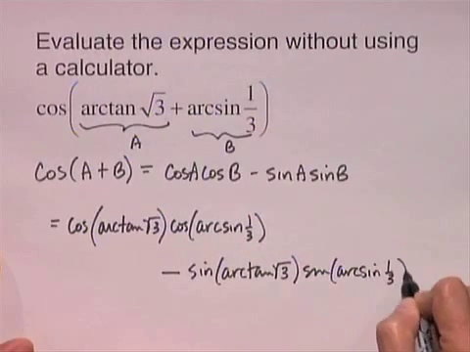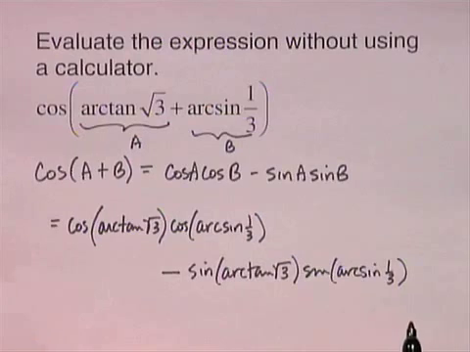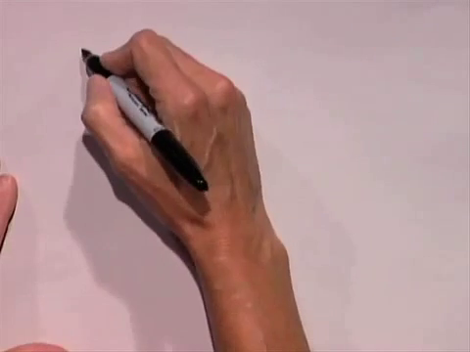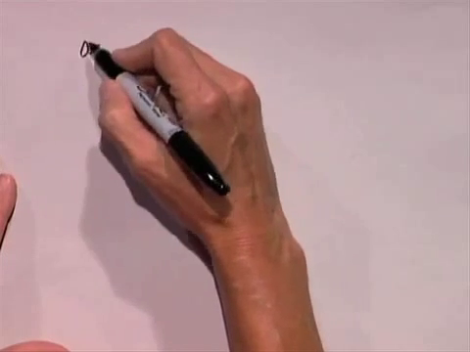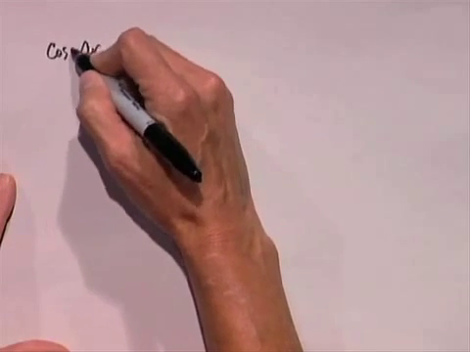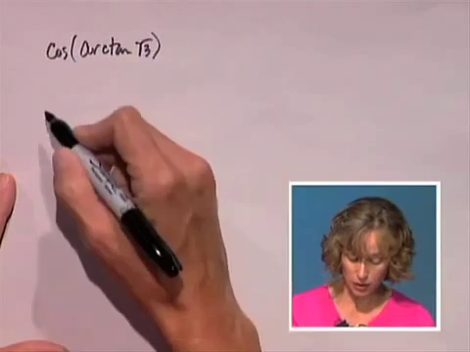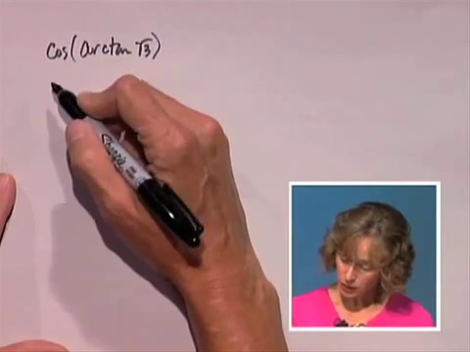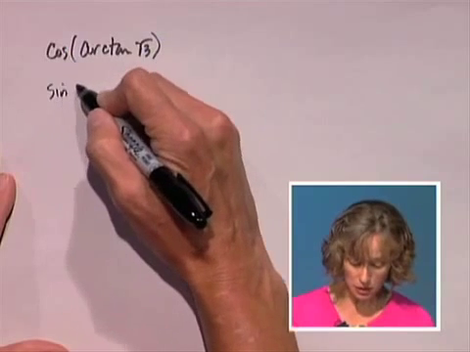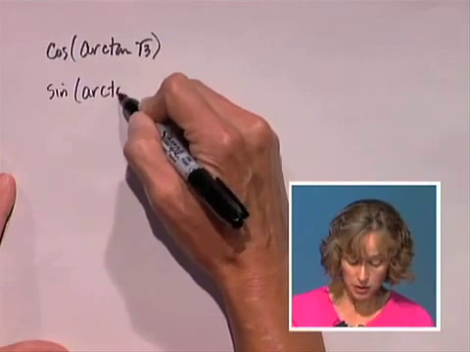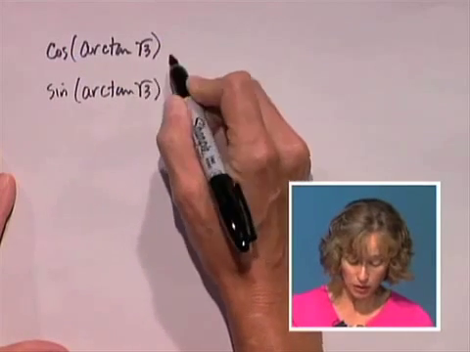And so we'll need to continue from there. What we need to find are the cosine of the arctangent of square root 3, the value for that. We need to find the sine of the arctangent of square root 3, a value for that.